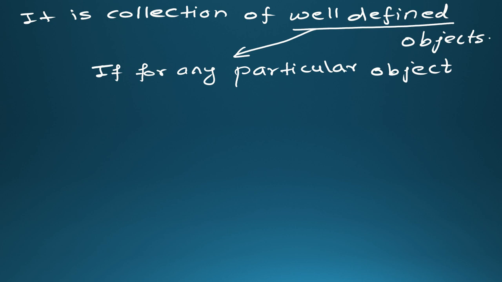So if for any particular object you are sure that it will belong or it will not belong, maybe yes, maybe no, that is fine. But if you say it may belong to the given collection, it may not belong, meaning you have doubt, then this collection will not be well defined.